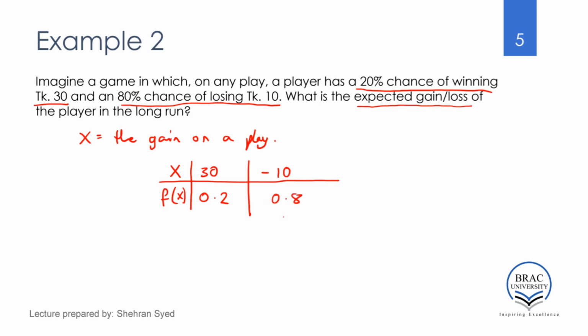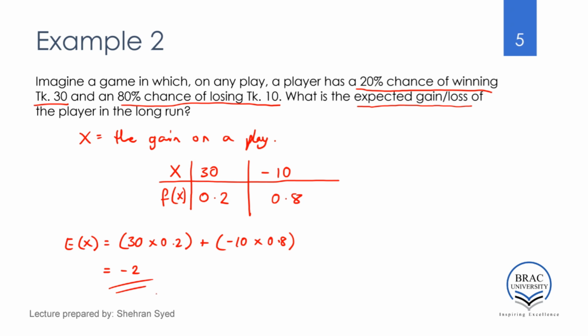So now we can find the expected value of the gain for the player. The expected value of x would simply be equal to 30 times 0.2 plus negative 10 times 0.8, which equates to negative 2.